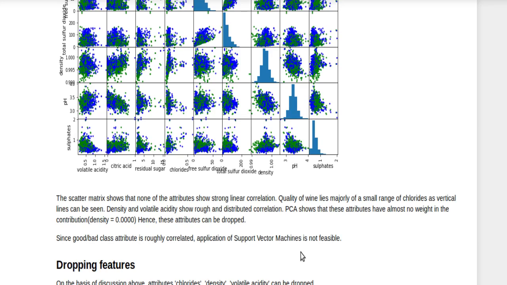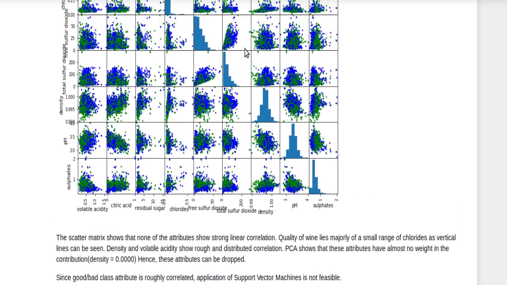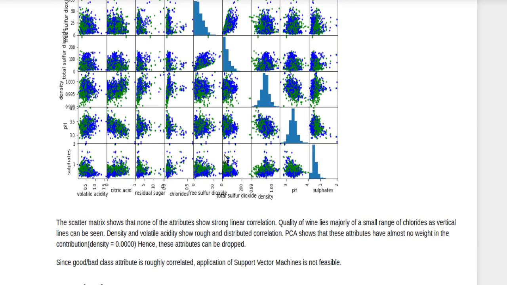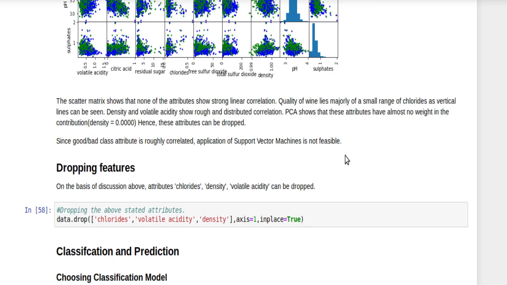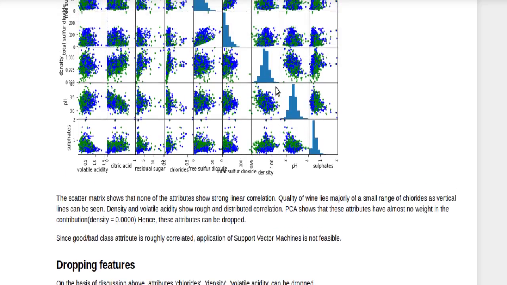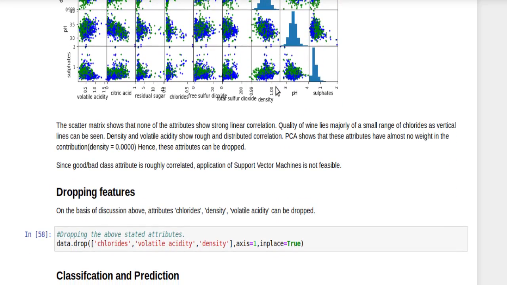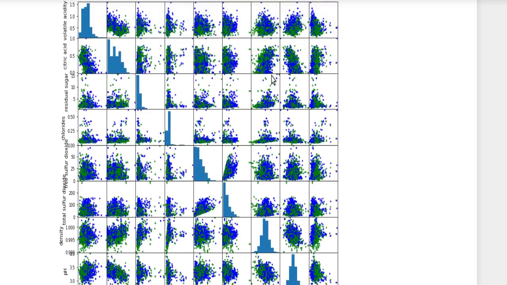Our principal component analysis also showed that these attributes have almost no weight in the contribution. Hence, these attributes can be dropped. And also, good and bad class attribute is roughly correlated here. So, application of support vector machines is not feasible in this dataset.